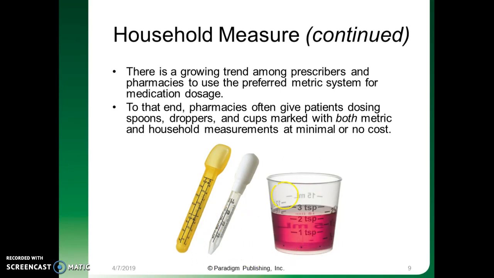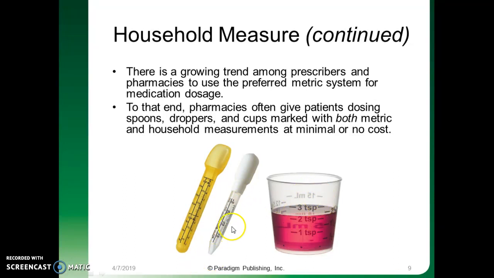We see these types of devices even if we buy over-the-counter medication, for example the Tylenol liquid or the Motrin liquid. Sometimes it comes with this little cup. It'll say 1 teaspoon, 2 teaspoons, 3 teaspoons, and on the other side, you could barely see it, there's a 15 ml. So 15 ml is equal to 3 teaspoons.